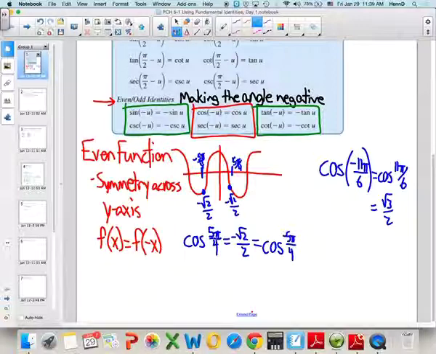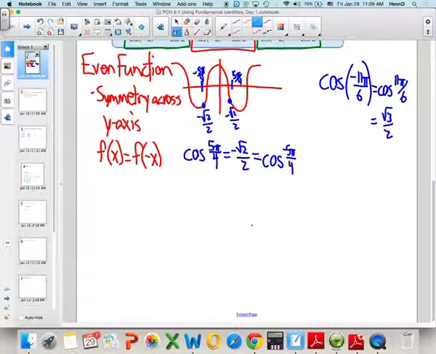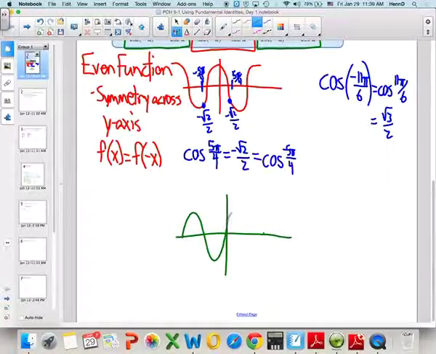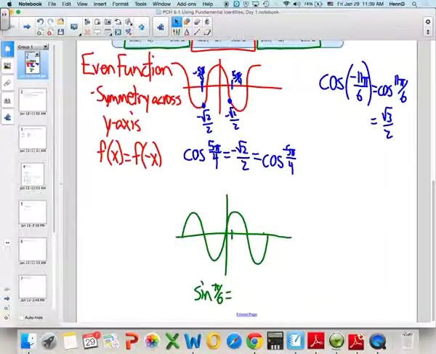So let's look a little more closely at the graphs. Our sine curve, again, I'll do 2 full periods. Here's 1 period, here's 2 periods. For our sine curve, if I did the sine of pi over 6, what does that equal? 1/2.